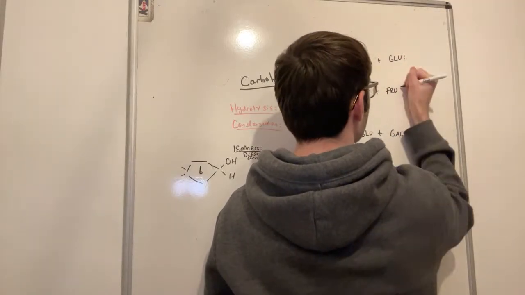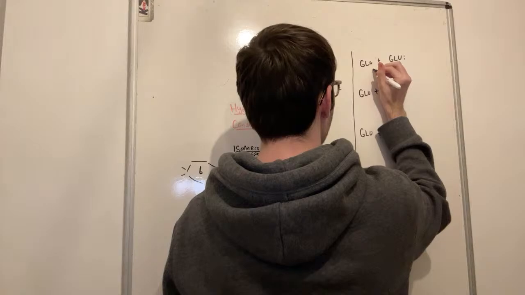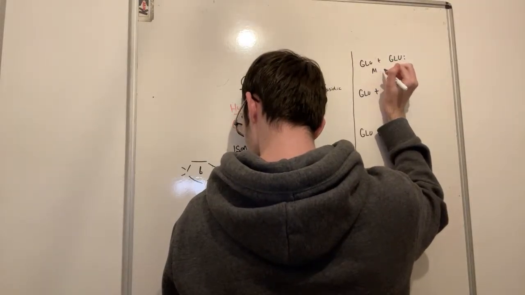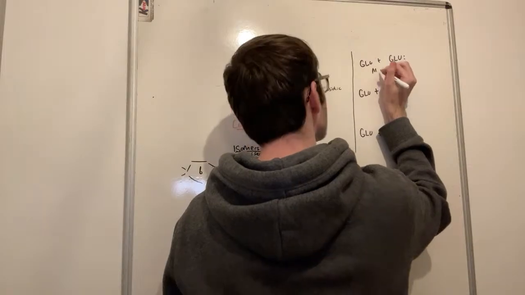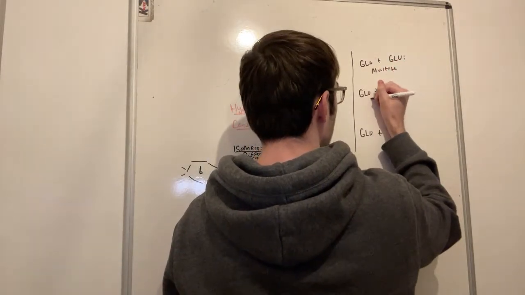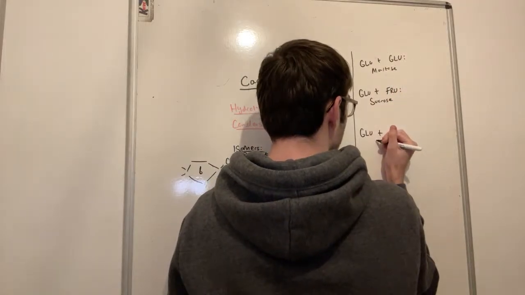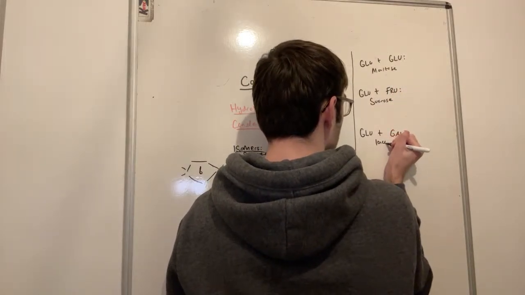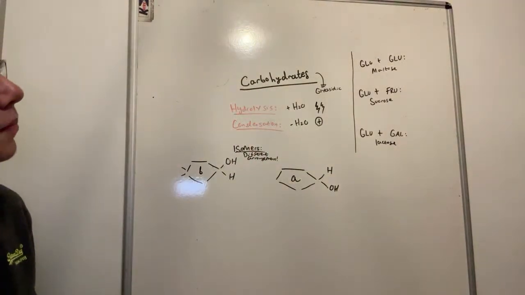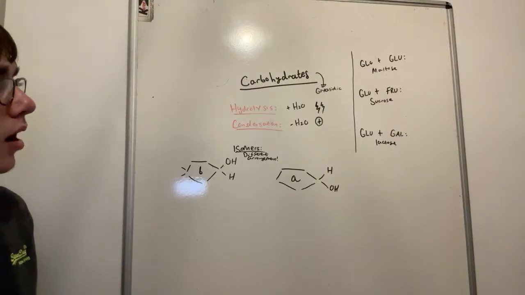So, glucose plus glucose is going to give us, I want to say, maltose. Glucose and fructose, I think, is sucrose. And glucose and galactose is lactose. I might be wrong there. I might be wrong. But that seems about right.